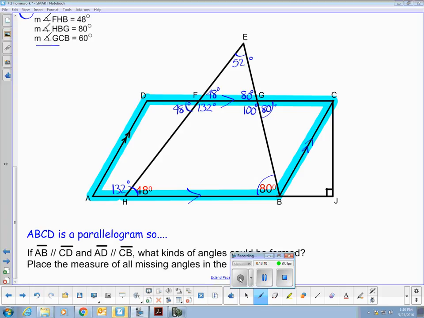I notice up here in the given, it says the measure of angle GCB is 60 degrees. So let me add that into my drawing. Angle GCB is 60 degrees. Therefore, we have 80 degrees, 60 degrees, that's 140, which leaves 40 degrees for the third angle in that triangle.